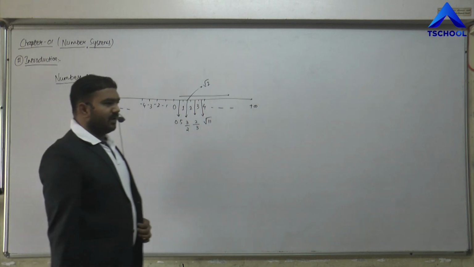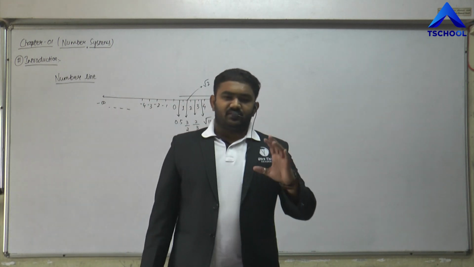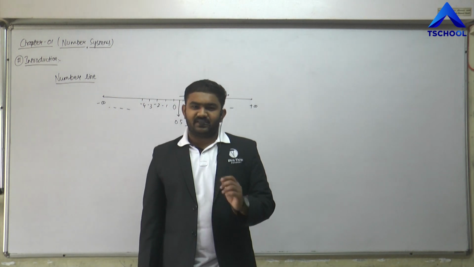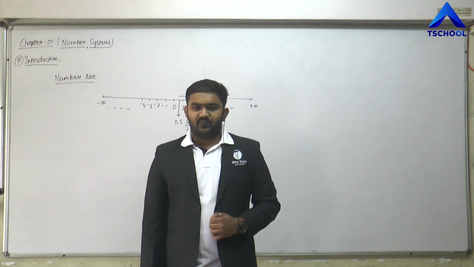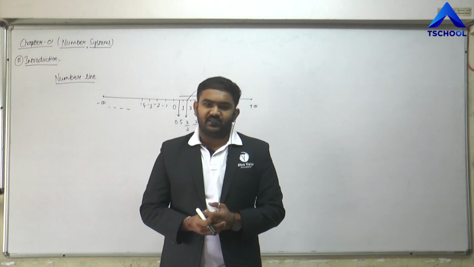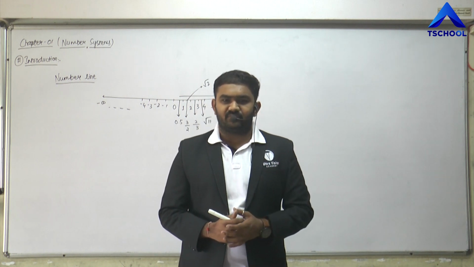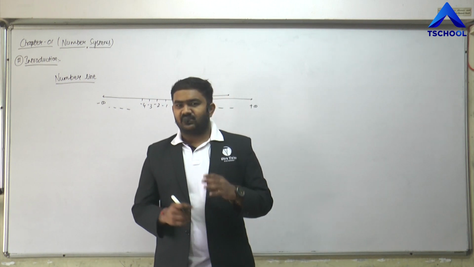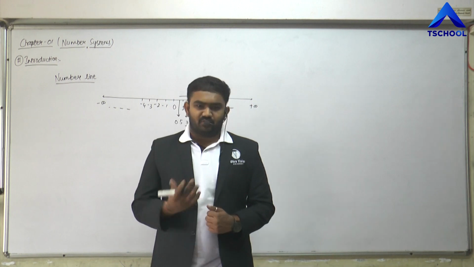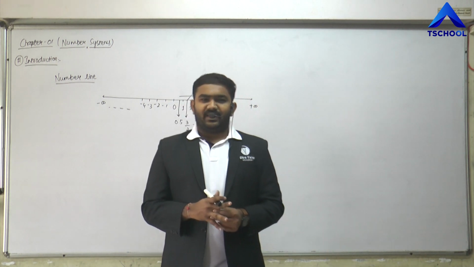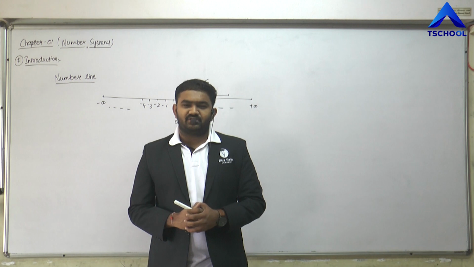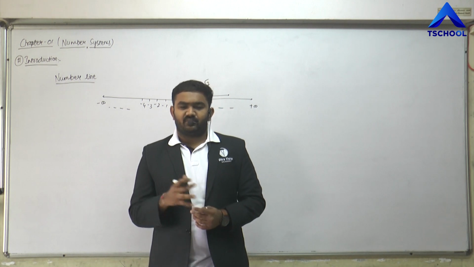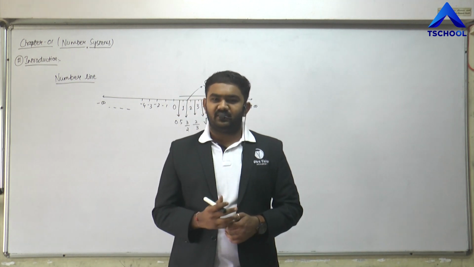Now what actually the thing is, these numbers are being classified into some groups which have their own identity. That means the positive numbers can be represented as the natural numbers or whole numbers. Then negative numbers are included in the integers, and positive integers or positive numbers are also included in integers.